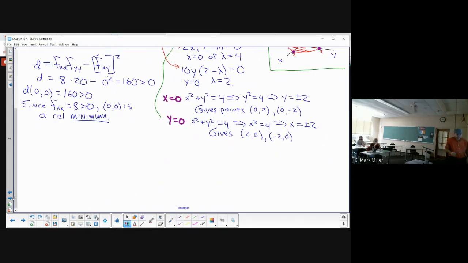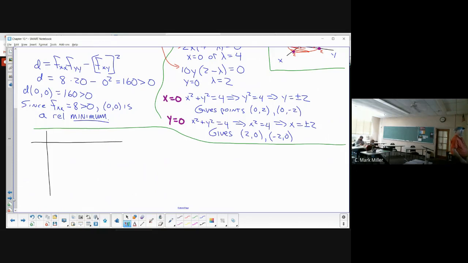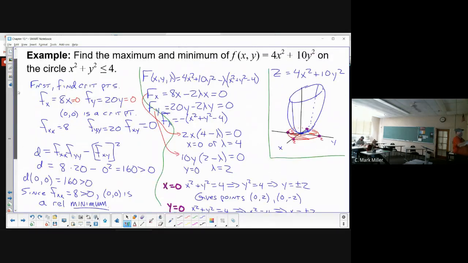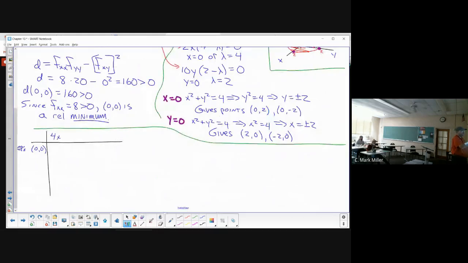Now, next thing, it's time for one of our charts. So here we're going to have points. Over here, critical points, CPs. Those are just 0, 0. And we're going to evaluate 4x squared plus 10y squared at 0, 0.